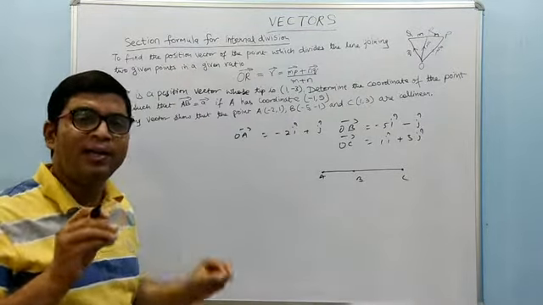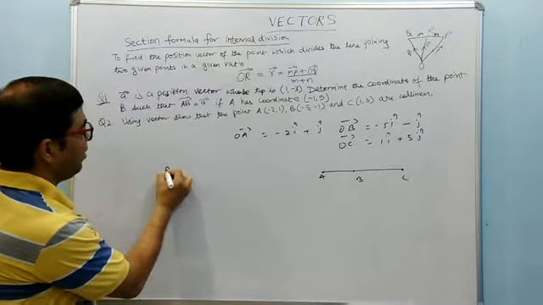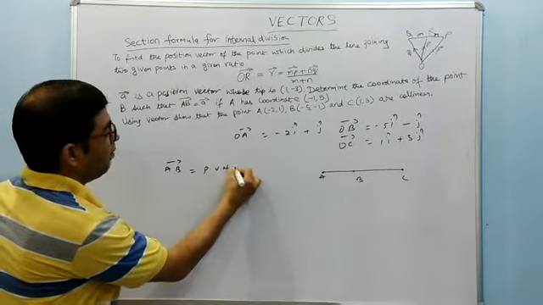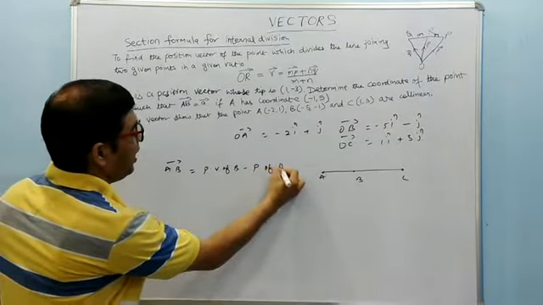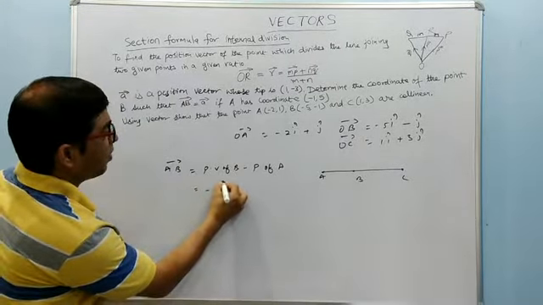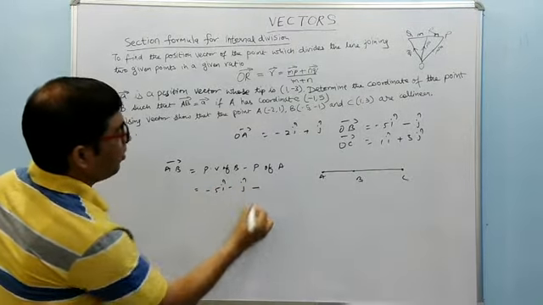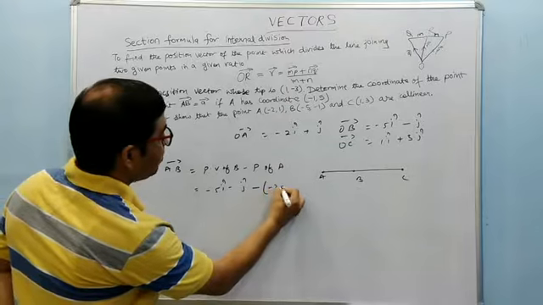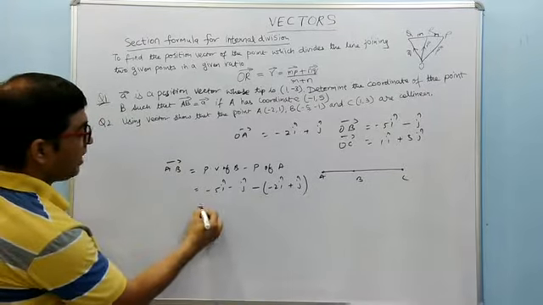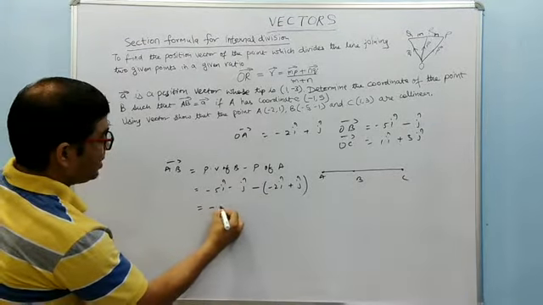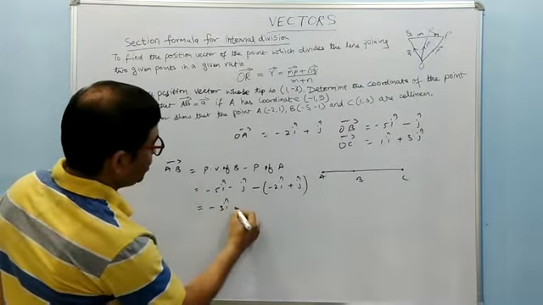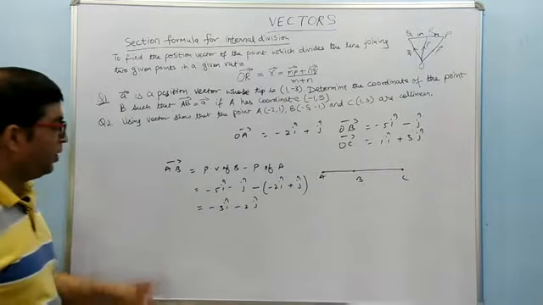So firstly we will find the vectors AB, BC and AC. Vector AB you can easily write as position vector of B minus position vector of A. So that is what I am just writing here: minus 5i minus j cap, minus (minus 2i cap plus j cap), which is coming out to be minus 3i cap and minus j minus j, minus 2j cap. This is AB.